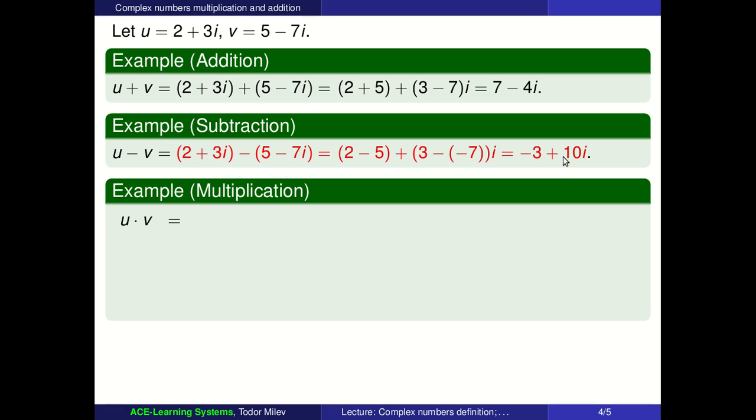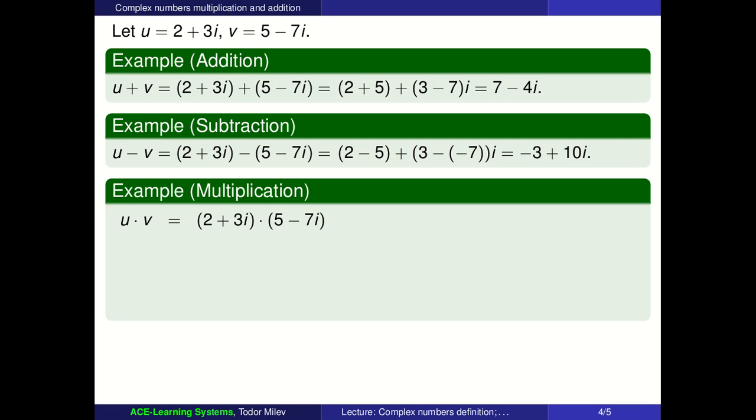Finally, let's do complex multiplication. Complex multiplication is a tiny bit more involved than complex addition and subtraction. Just as with complex addition and subtraction, when we do complex multiplication, we uncover parentheses and do operations as if we're dealing with regular algebraic expressions.